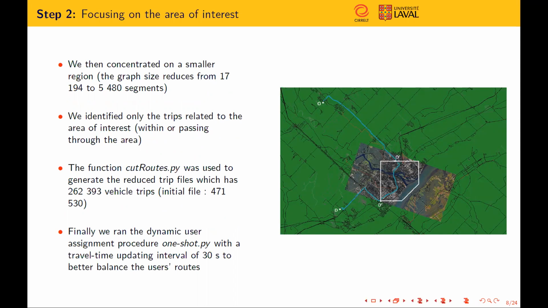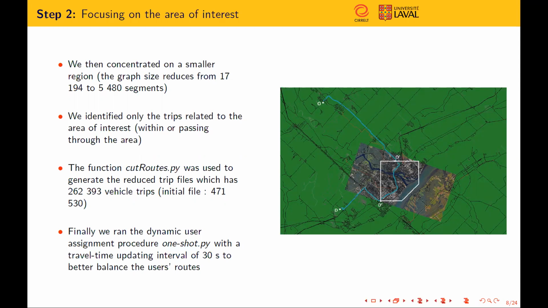Then, as I said, we reduce our section to this white polygon here. So we have a lot of trips starting from the 18 regions. And in this section, we concentrate only on the trips passing through this area.